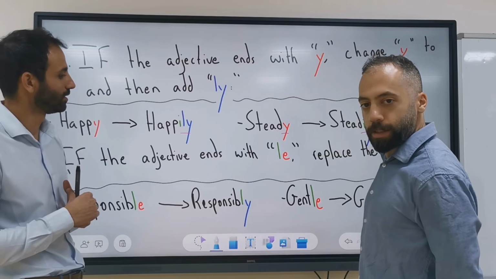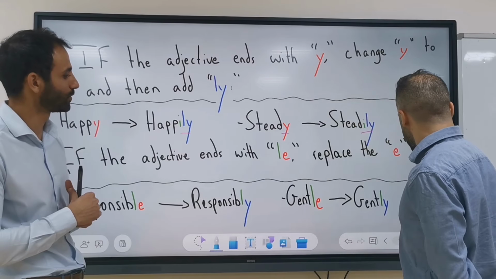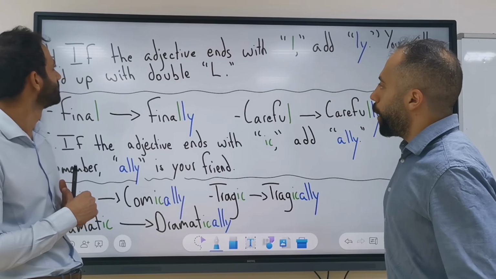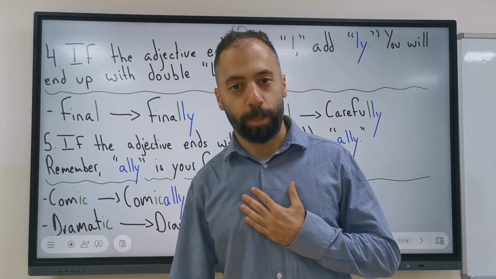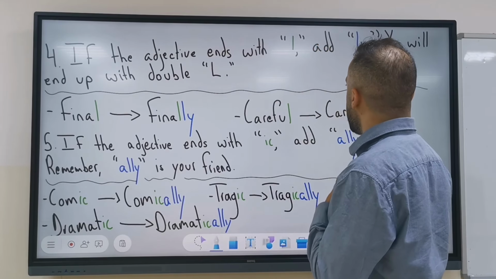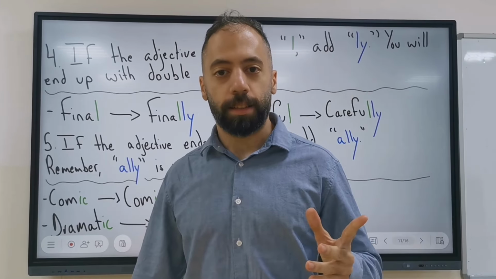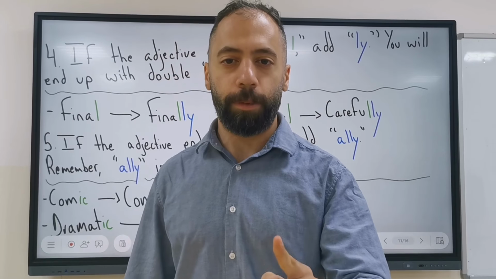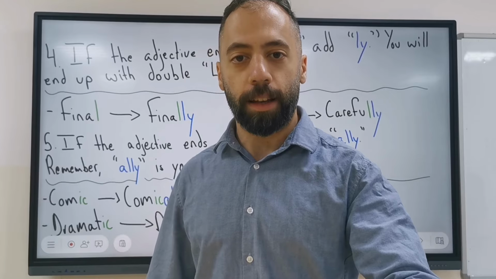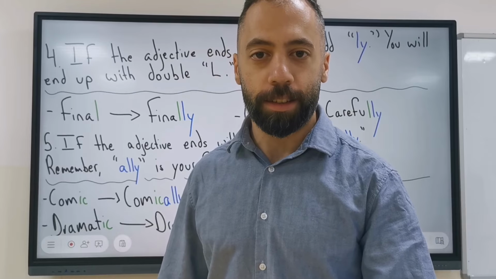Alright. Let's see what we have next. We should have more rules to come, yeah? I will cover rule number 4, and perhaps Mr. Khaled will do us the honors for rule number 5. If the adjective ends with L, add ly. So I will keep the original L, and then I will add another L and a Y, right?